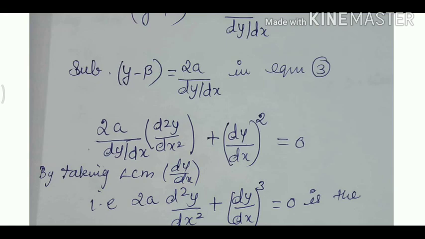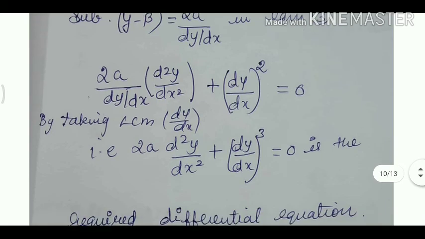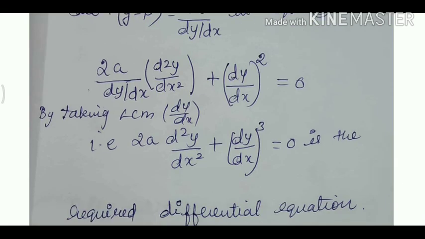So we are getting (2a/(dy/dx)) d²y/dx² + (dy/dx)² = 0. Now I am taking dy/dx as the LCM, in order to eliminate this dy/dx. We are getting 2a d²y/dx² + (dy/dx)² multiplied by dy/dx, so we are getting 2a d²y/dx² + (dy/dx)³ = 0, which is the required differential equation.